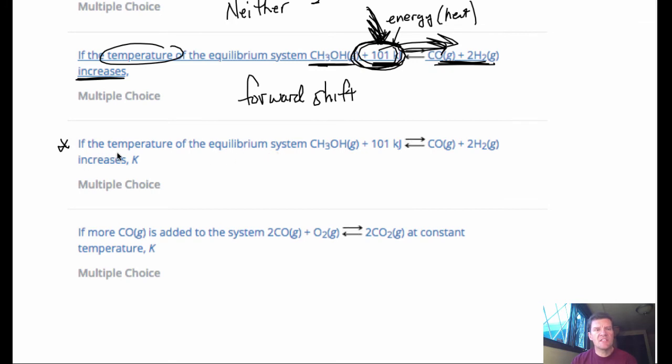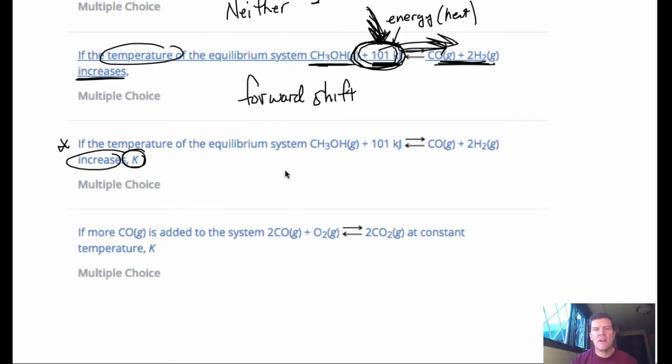Temperature. What if in this case the temperature increases? Oh, this is exactly the same problem. Okay. Oh, I see. It's asking about K. Well, in this situation, the K value will change when you change temperature.